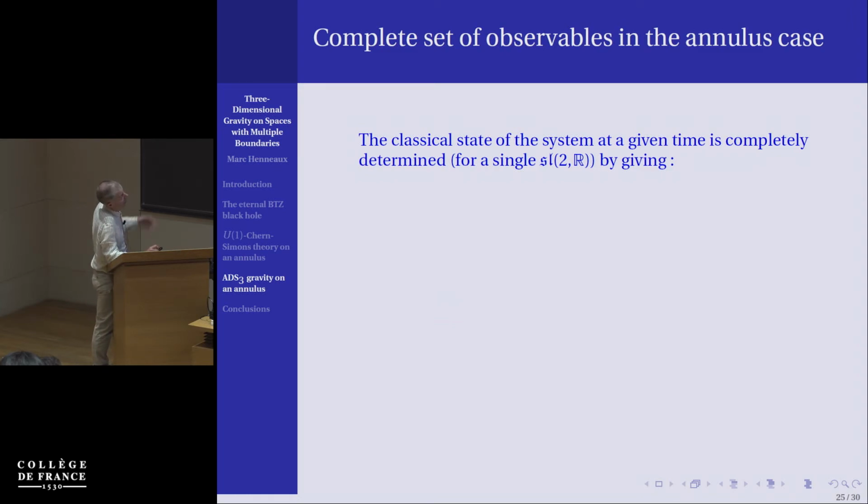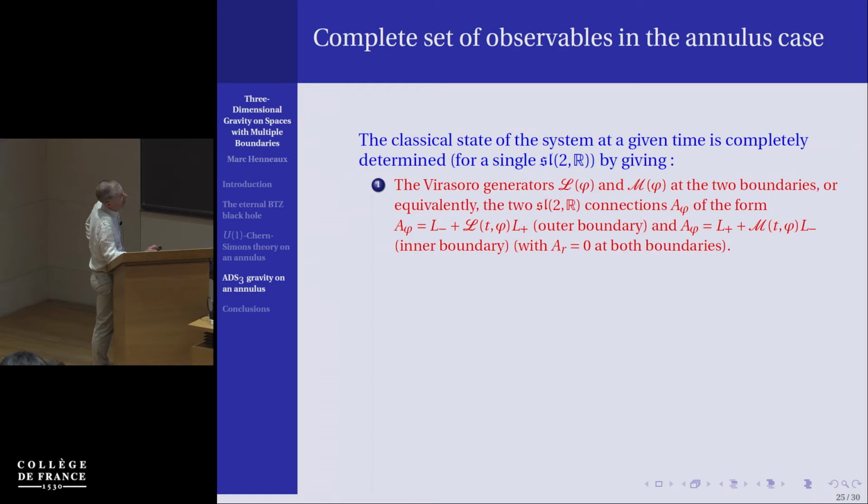And so, if you go through all the computation, as we did for the abelian case, that's very easy to be explicit. As I explained for the non-abelian case, you find that the classical state of the system, so a complete set of observables, will be given by these Virasoro generators, which are again connected with the value at the boundary of the angular component of the connection.